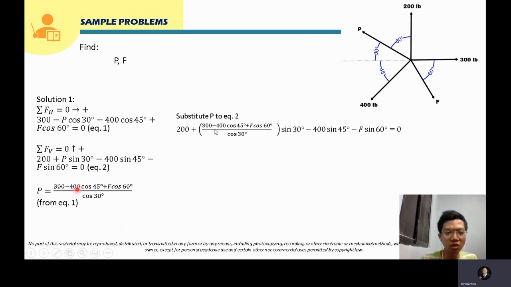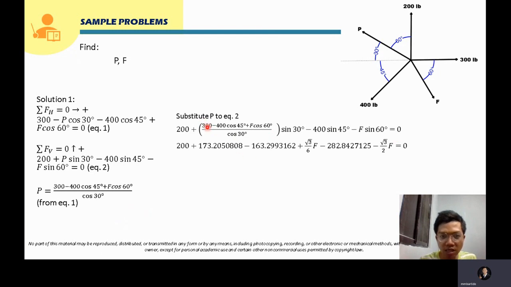So this will now become 200 plus P, which is 300 minus 400 cosine 45 degrees plus F cosine 60 degrees over cosine 30 degrees times sine 30 degrees, minus 400 sine 45 degrees minus F sine 60 degrees equal to 0. From here, the only unknown is F, so we will simplify this.